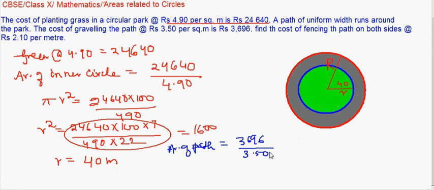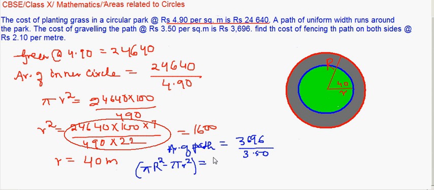How do we find the area of the path? The area of the path is the area of the outer circle minus the area of the inner circle. So it is pi capital R square minus pi small r square is equal to this.